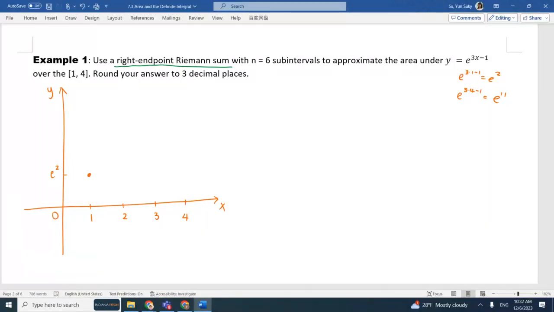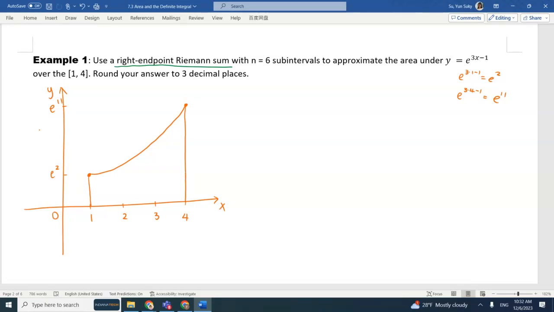We plug in x as 4 because we're interested in the interval from 1 to 4. So we get e to the 11. I know it's a very big number, but let's just put it here so we can draw the picture to connect them. So this is the region.